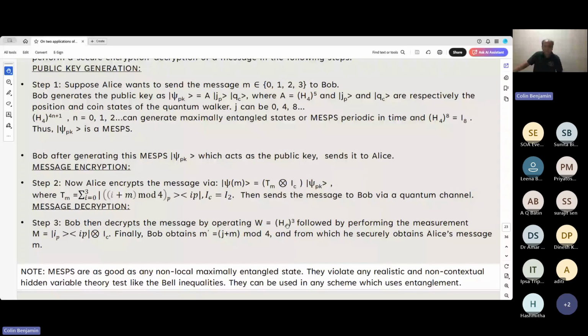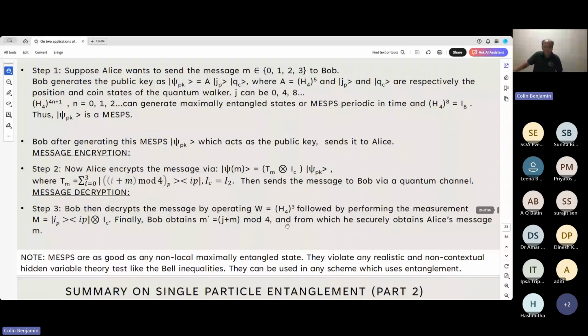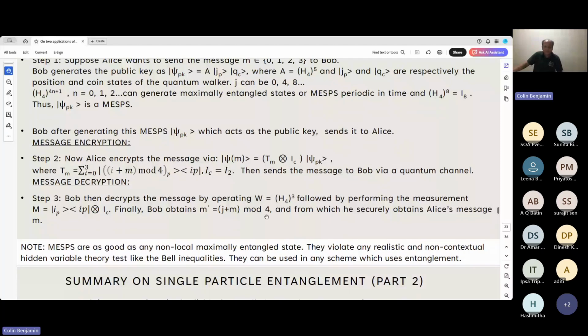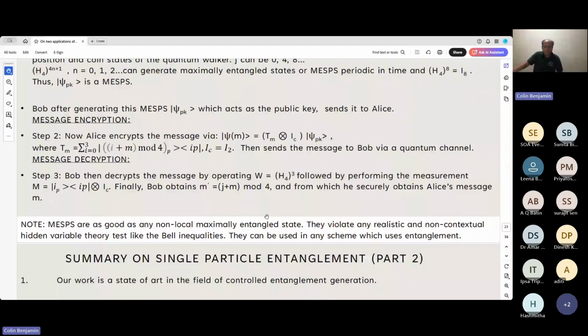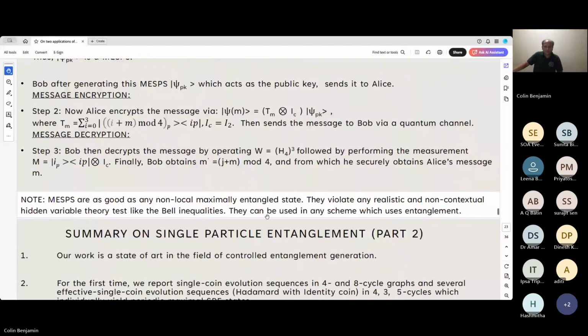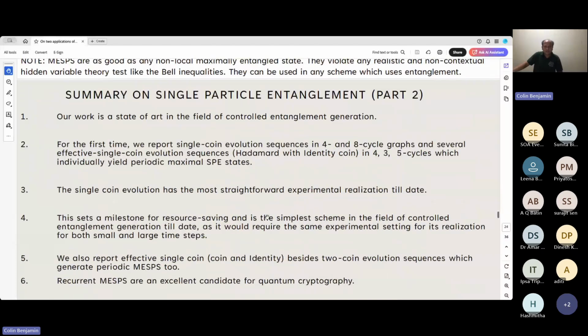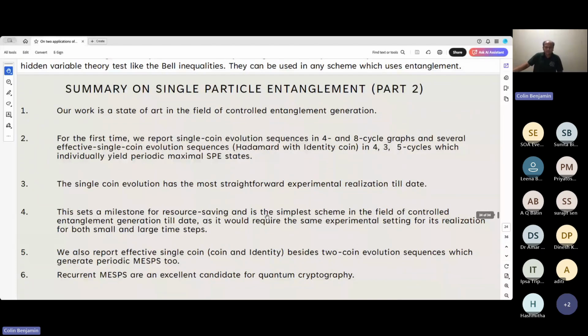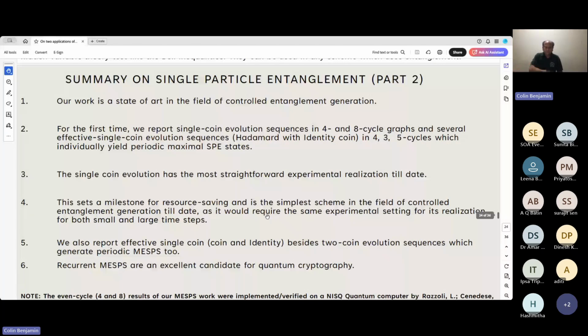And then there's a trivial shift to get back the message. So this works, and we showed it in that. So to summarize this second part of my talk, we generate controlled entanglement via cyclic quantum walks on even cycle graphs.